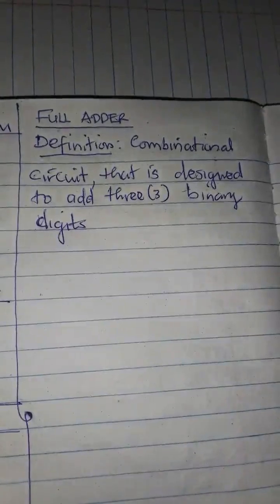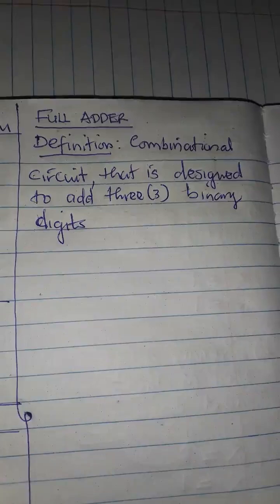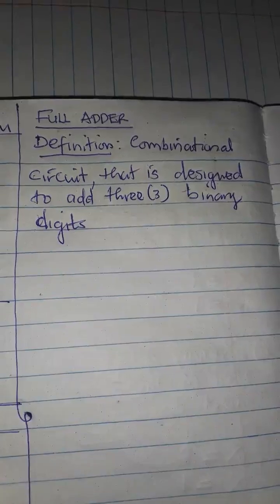So it's a combinational circuit that is designed to add three binary digits. Okay.